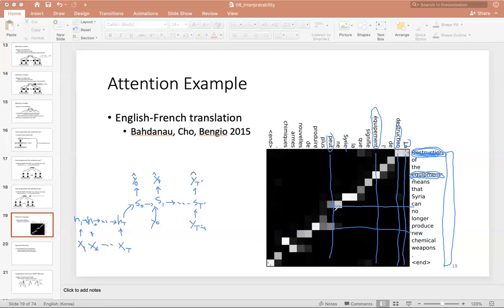But anyway, this was one of the figures from 2015, the very first neural attention paper, and this gave people the idea that maybe we can use attention not just for boosting performance, but actually to get a sense of what's happening under the hood in the neural network model when it's trying to predict something.